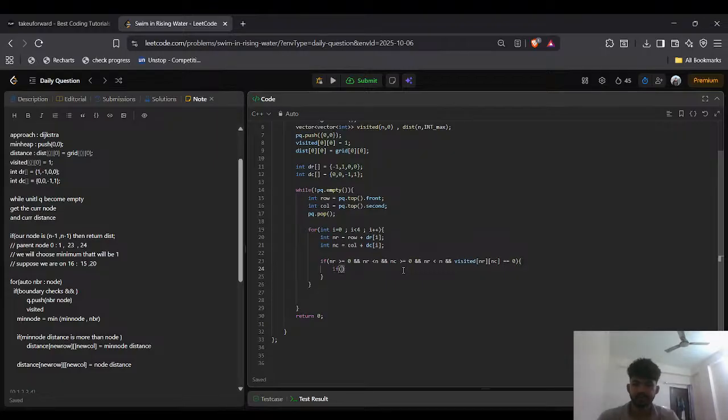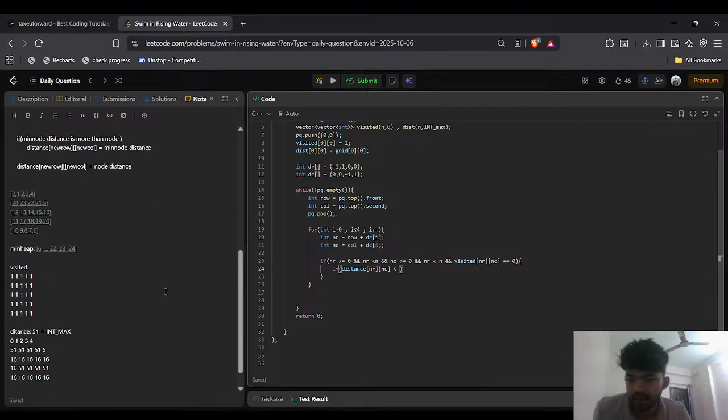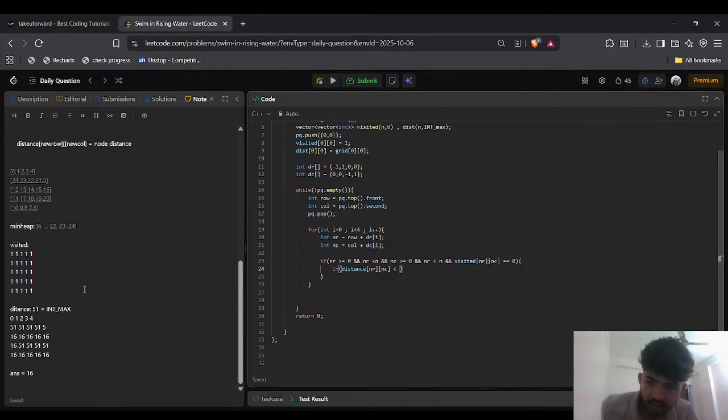If distance of new row and new column is less, suppose it's less.